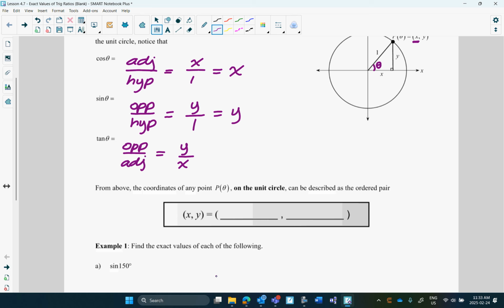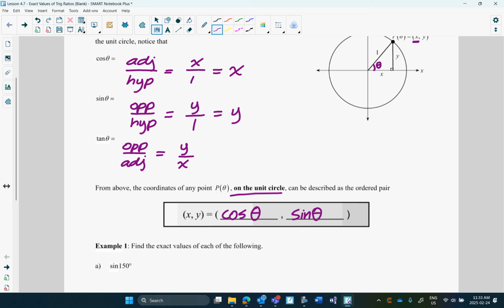So what am I trying to say? The coordinates of any point that is on the unit circle, its x coordinate will be the same as the cosine of the corresponding angle. The y coordinate will be the same as the sine of its corresponding angle.